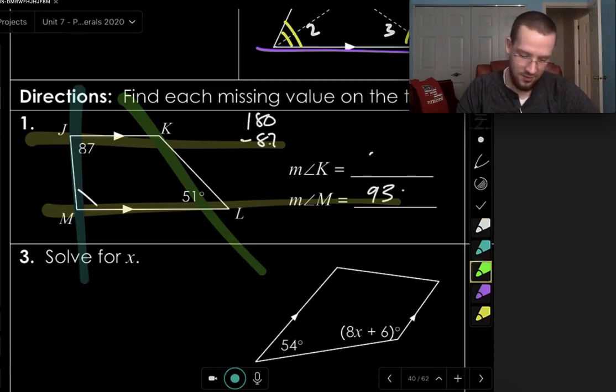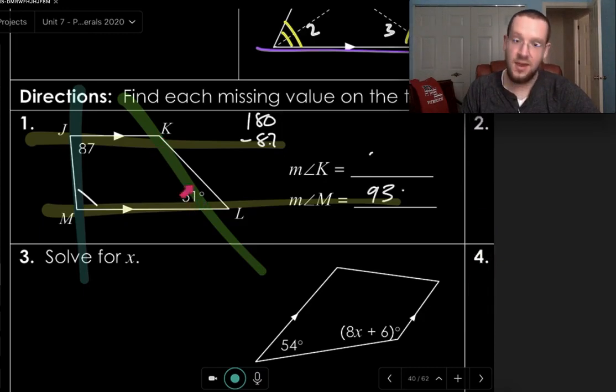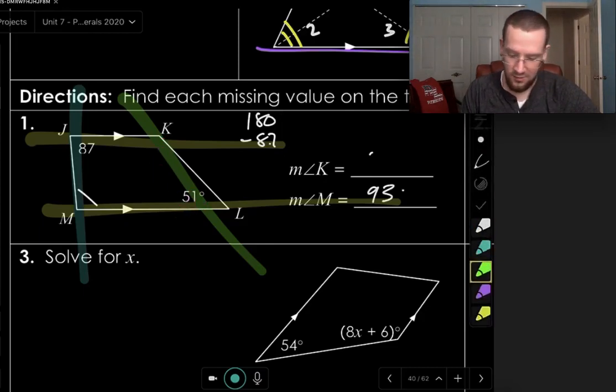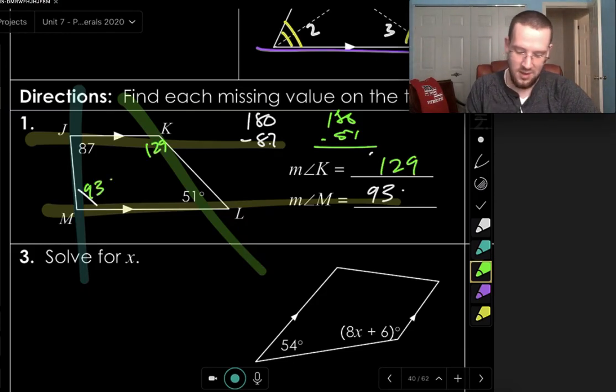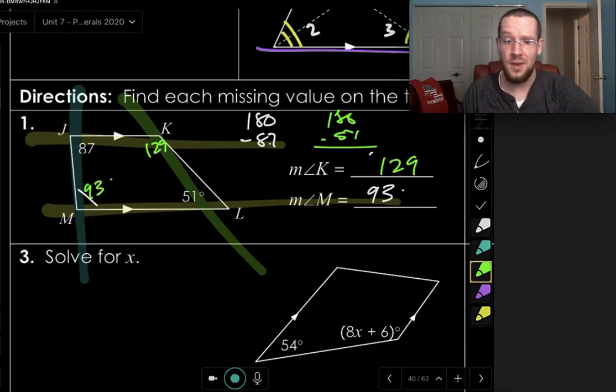And also then I can look at these two angles and say, okay, these are consecutive interior angles, so they add up to 180, and so I can take 180 minus 51, and that is 129. And so, yep, 129, and this one is 93. And again, these consecutive interior angles add up to 180. Really nothing to it.